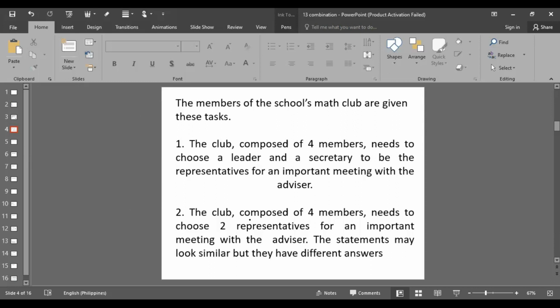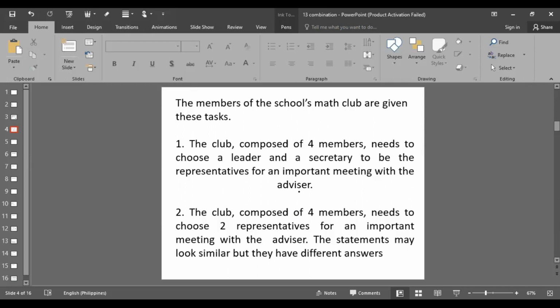Given these two tasks, do you think these two tasks are just the same? Please read silently. Which of these two illustrates combination? Take note, ang combination hindi kailangan ng order. In number 1, we have a club composed of 4 members needs to choose a leader and a secretary to be the representatives for an important meeting with the advisor.